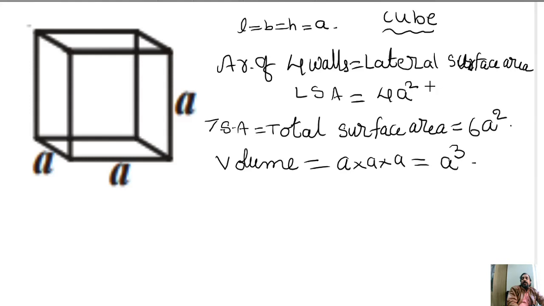Area is in square units, and volume, all units of volume, are cubic units. This is about the cube.